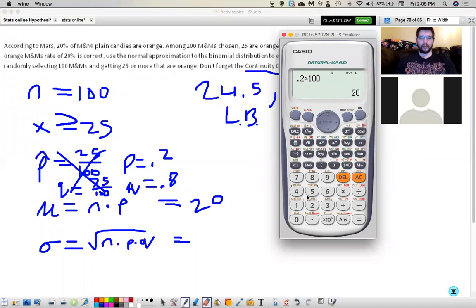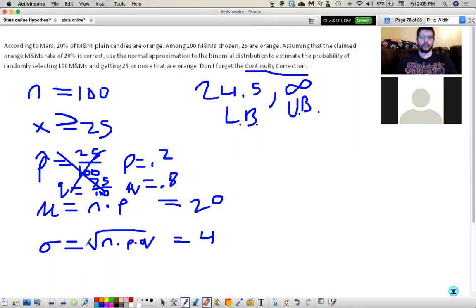Square root of n times p times q, so multiply that by 0.8, and take the square root of that, is 4. N times p is 20. That's my mean and my standard deviation. That's my lower bound and my upper bound.